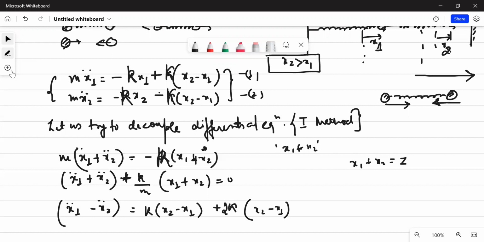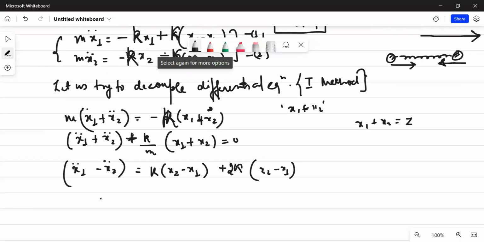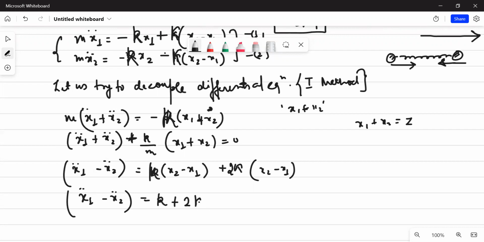So overall, I know that my x1 minus x2 coordinate is oscillating with a frequency which is k plus 2 kappa upon m. And this will be x2 minus x1.